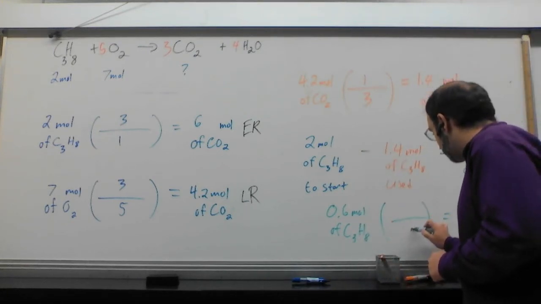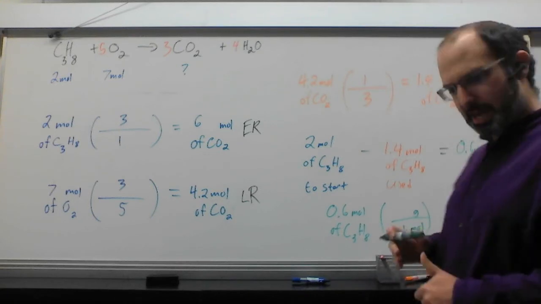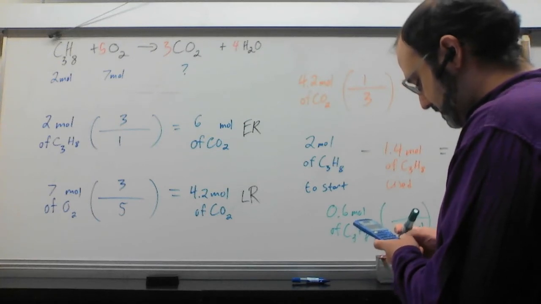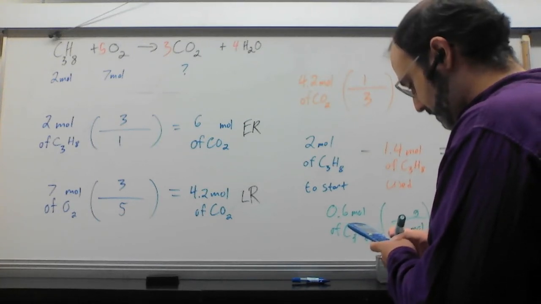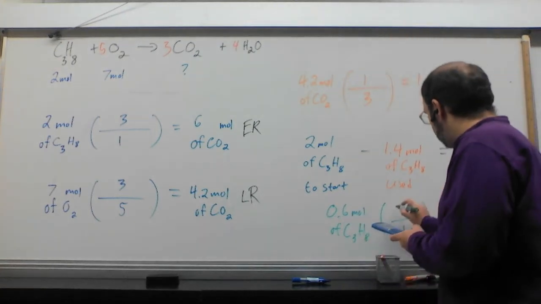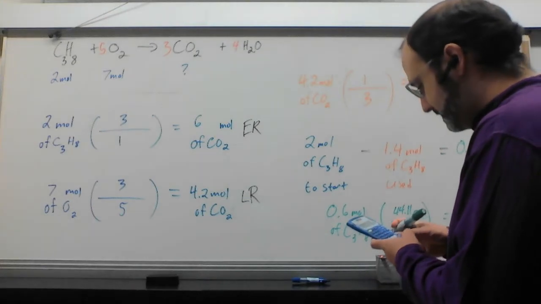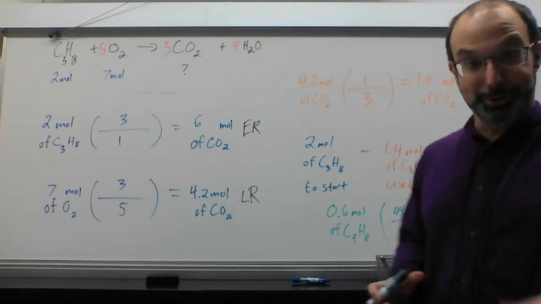We're going to be getting moles on the bottom and grams on the top. Now we're looking at C3H8, so we're going to do, let's see, 12.01 times 3 plus 8.08. We're going to get 44.11. That times 0.6, we get 26.47 grams. We're finally done.